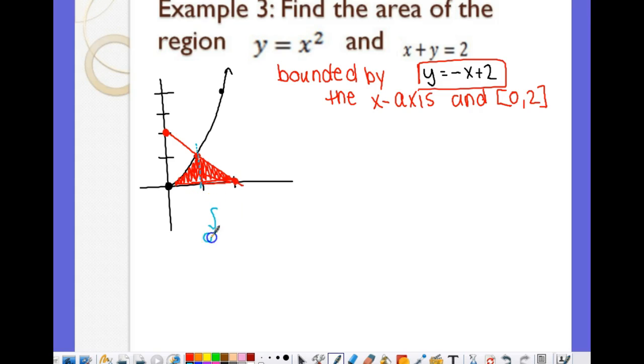So from 0 to 1, the top is x squared. And then the bottom, well, the x-axis is 0, so it'd be minus 0. That's why we've never really included it before. Plus 1 to 2, bounded by the negative x plus 2.